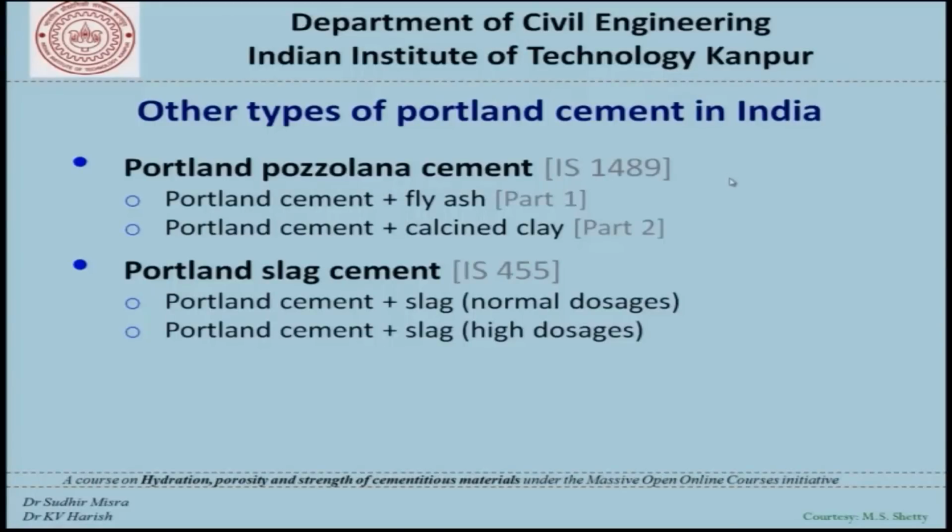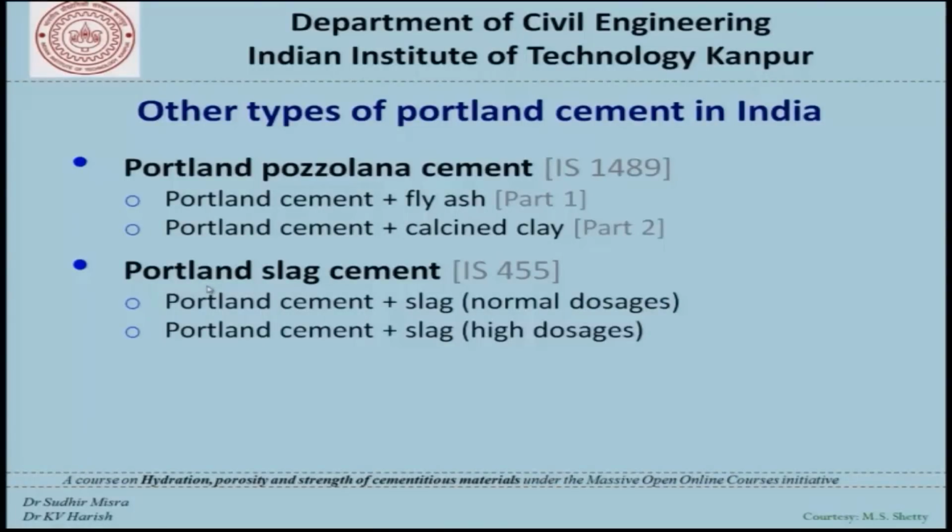In addition to the different grades of cement available, we also have other types of Portland cement, namely Portland pozzolana cement specified in IS 1489, and in this there are again 2 types of cement. One is Portland cement with fly ash and the other is Portland cement with calcined clay. They are given in part 1 and part 2 of IS 1489.